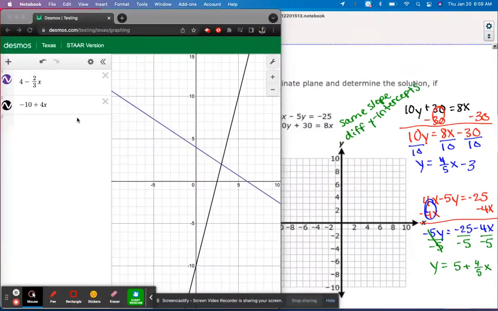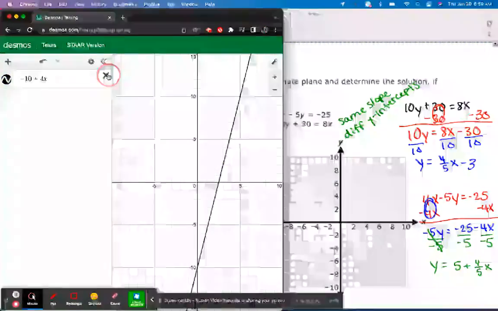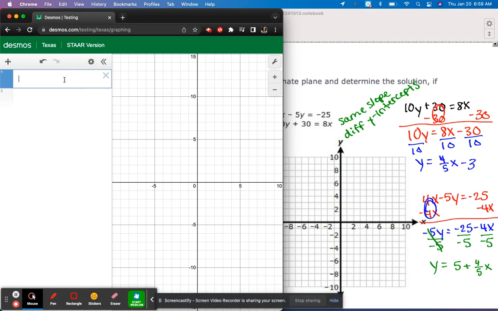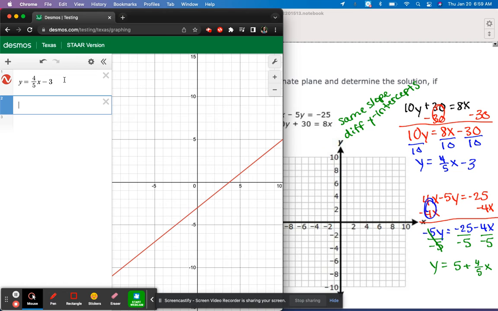So if we go to Desmos, we have y equals 4/5 x minus 3, and y equals 5 plus 4/5 x.